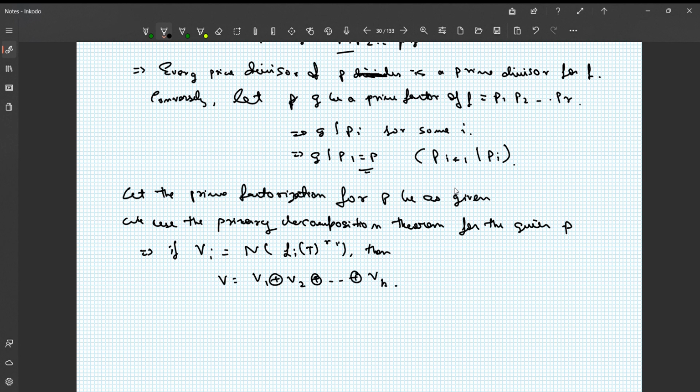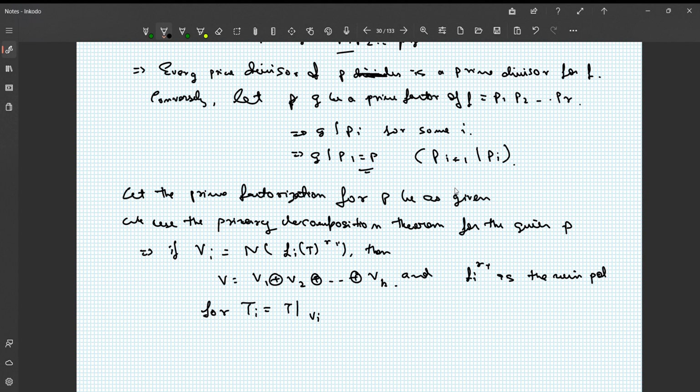And these Fi to the power Ri is the minimal polynomial for Ti, where Ti is T restricted to Vi. This is exactly the statement of the primary decomposition theorem. Vi is obviously a T-invariant subspace. It's the null space of a linear operator.